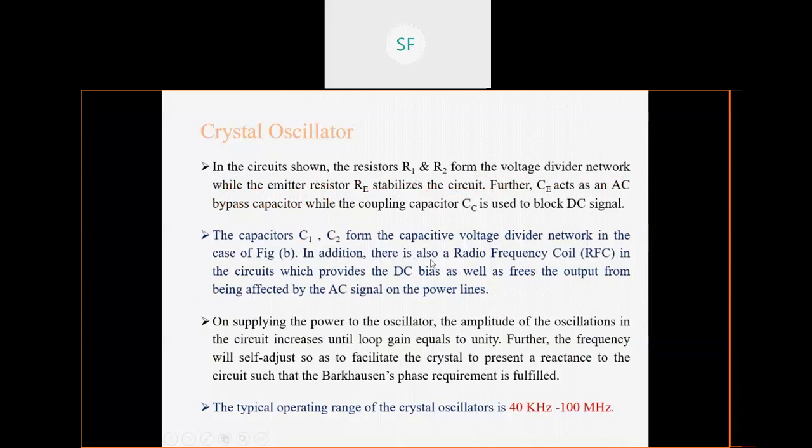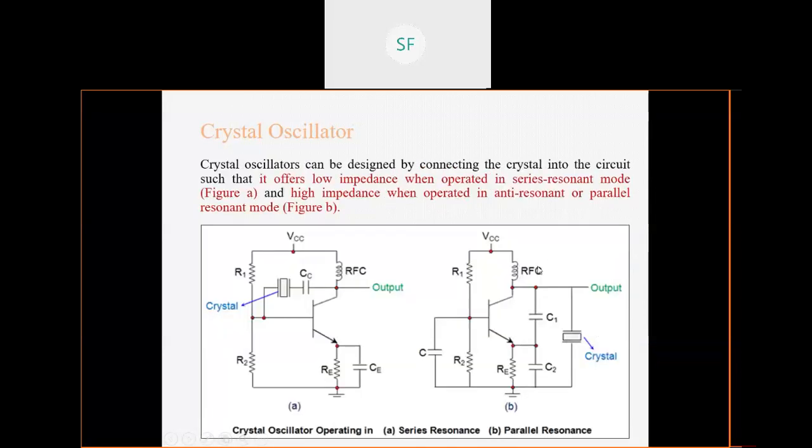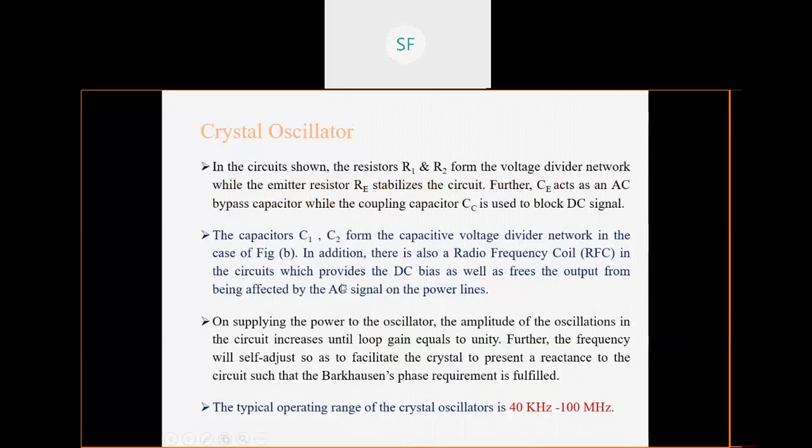In addition, there is also the radio frequency coil, that is RFC. You can observe the radio frequency coil here in place of the collector resistor, here also RFC. What is the use of the radio frequency coil?